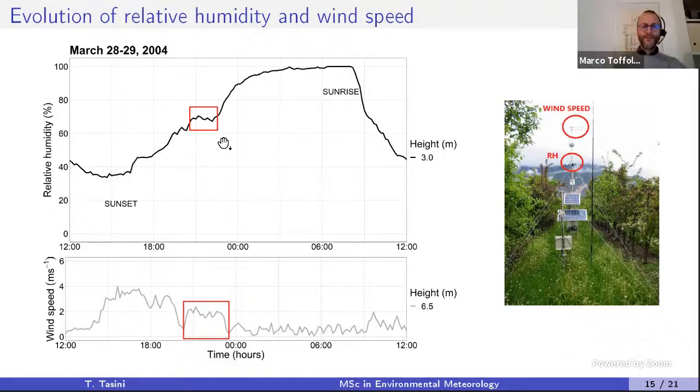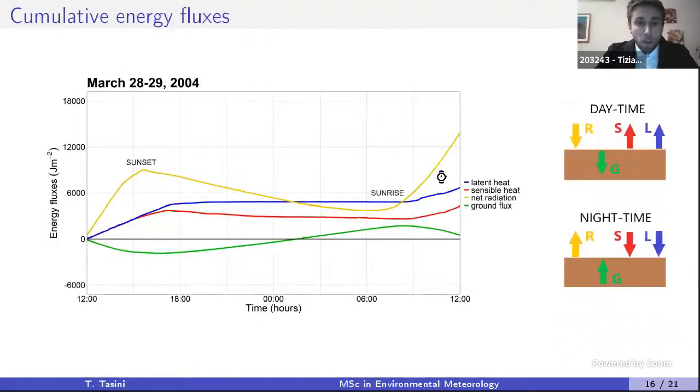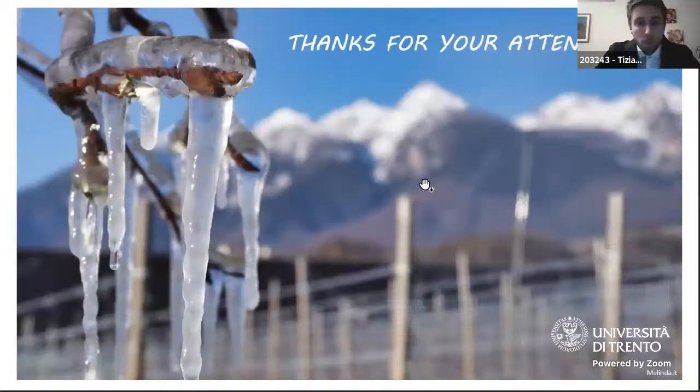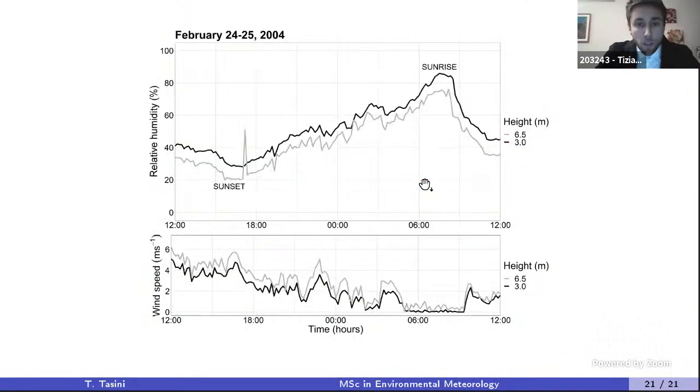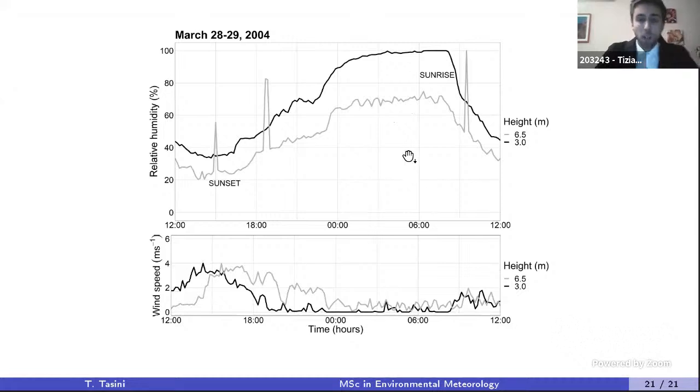Sorry, I didn't understand. So you claim that the humidity remains constant because it is mixing vertically the humidity that is already present? Yeah, because, okay, I change to another graph that I have here, March.